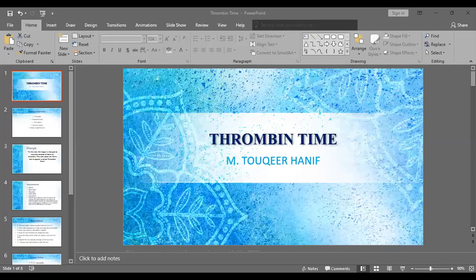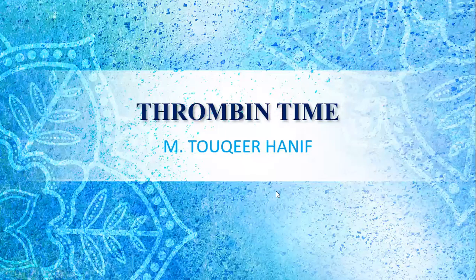Thrombin time is another important test to diagnose bleeding disorder. Actually, this test is performed to check the abnormality in the thrombin. As we have discussed a few minutes ago, thrombin is involved in the normal coagulation cascade.